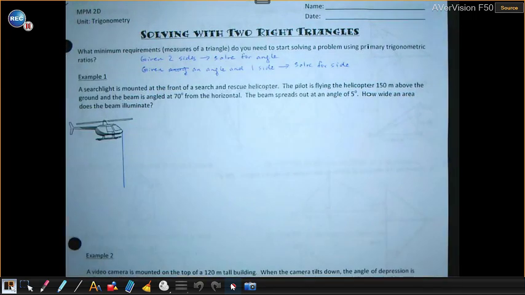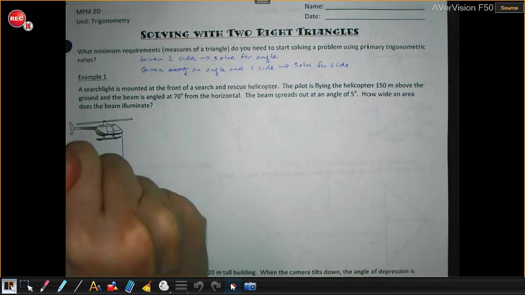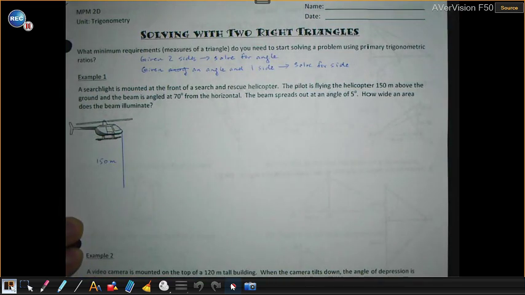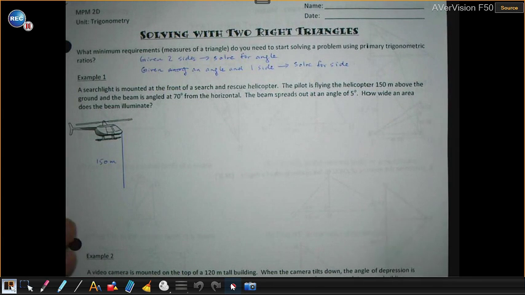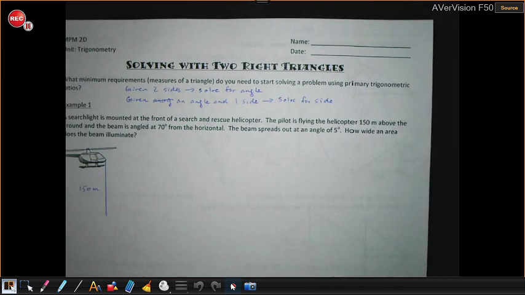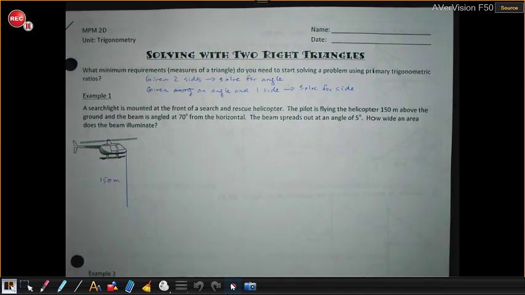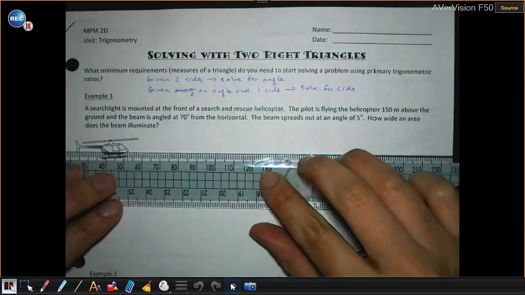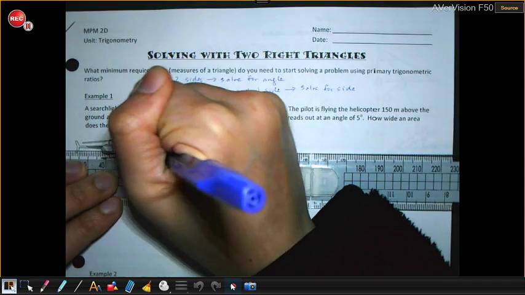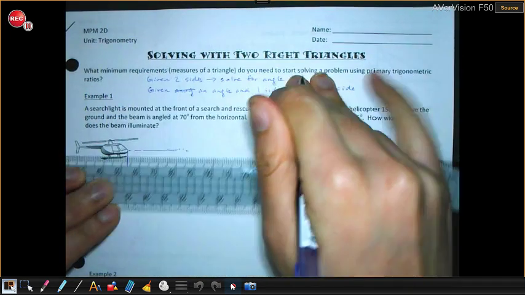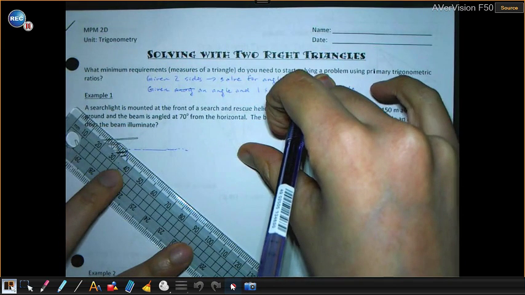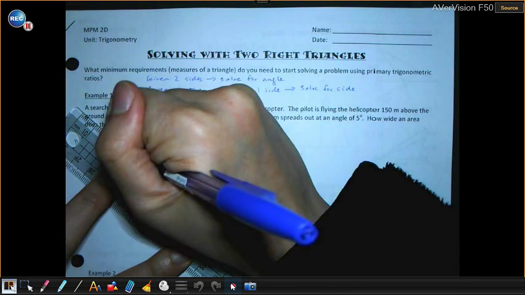Just draw a diagram. So the helicopter is 150 meters above the ground, and the beam is angled at 70 degrees from the horizontal. The beam has an angle of 70 degrees from it.